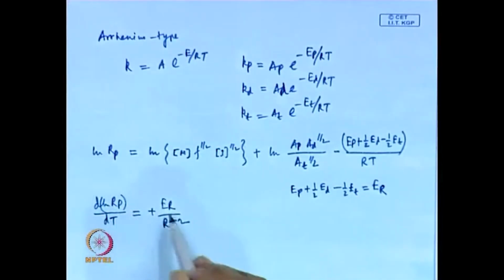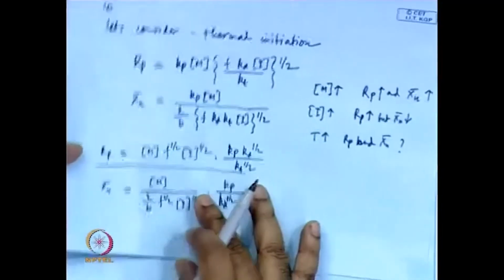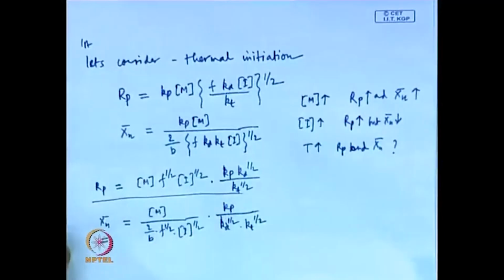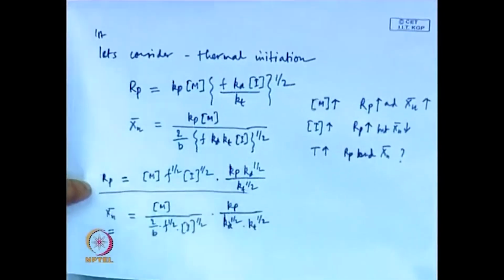Before we talk about the value of Er, we can similarly write from the expression of Xn. If you look at these numbers here, Kp, Kd to the power half, Kt to the power half, here Kd is in the numerator.